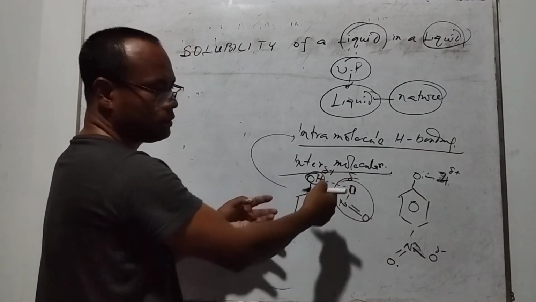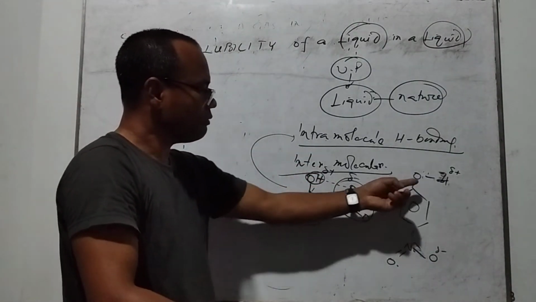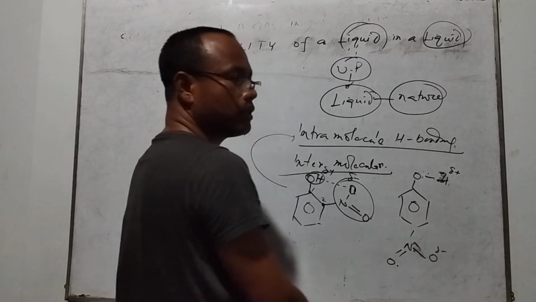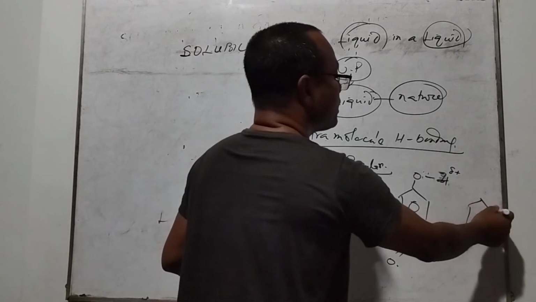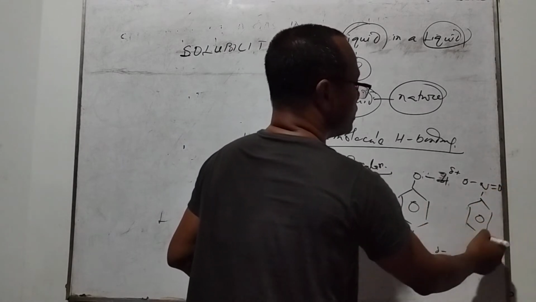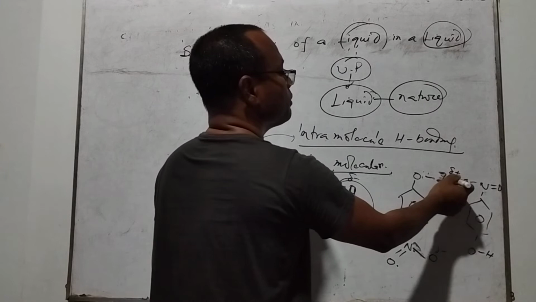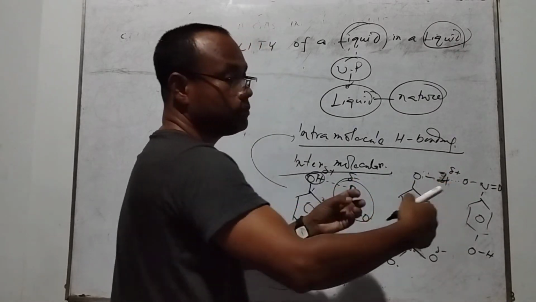So this minus charge and plus charge can be attracted very easily. But here, since these two are very far away, another molecule comes closer, with nitrogen here and oxygen here. This oxygen can come closer to this hydrogen and form the bond.